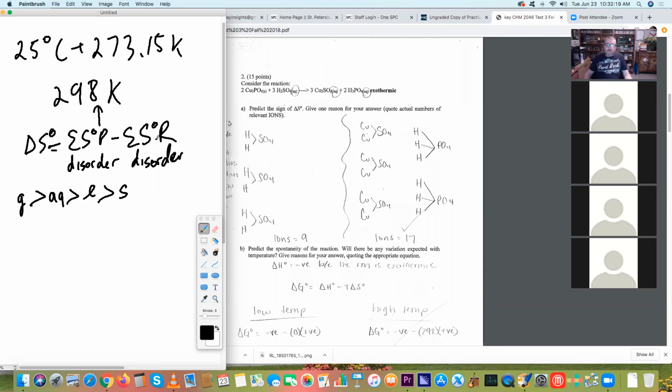I can be a little bit more quantitative about it though, by looking at the specific number of ions present on each side of the equation. It allows me to get an idea of the extent of the difference in disorder from going from the reactants to the products. The solid really isn't going to matter as far as disorder goes, because it's too ordered.